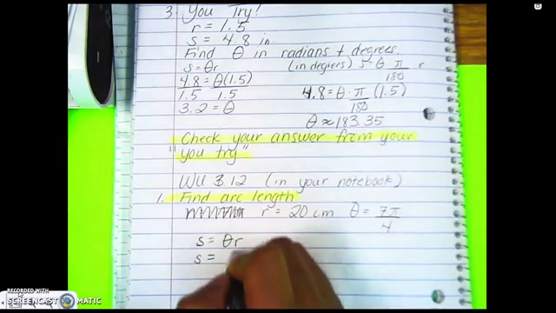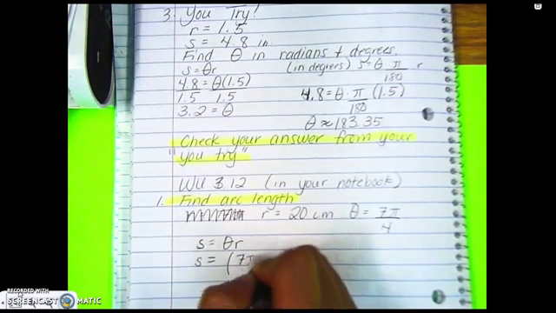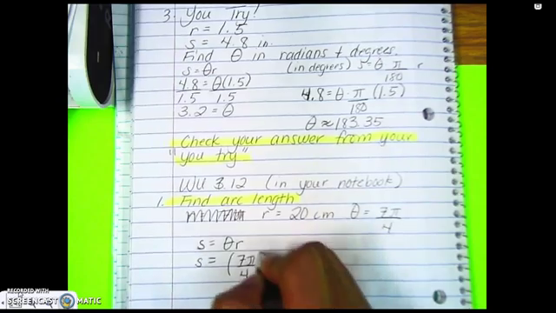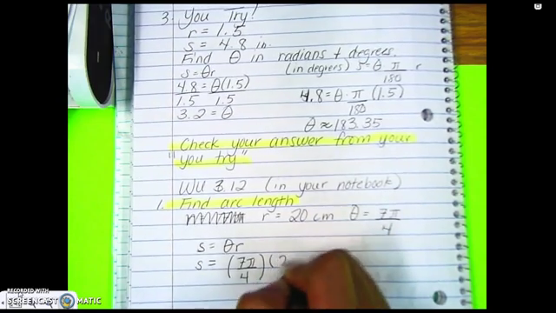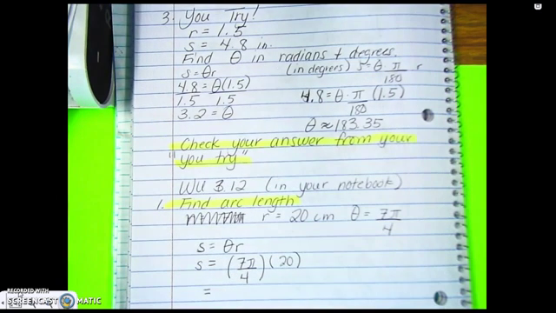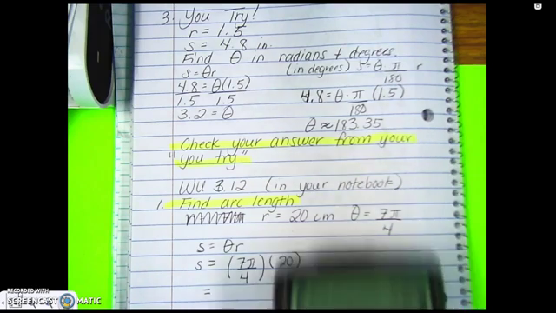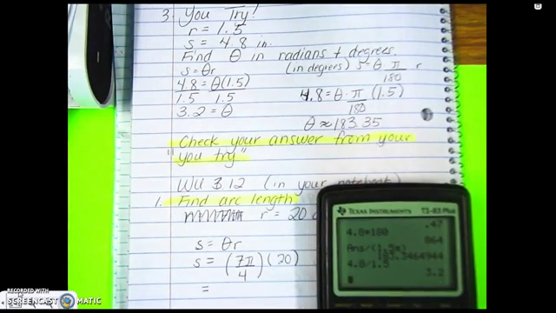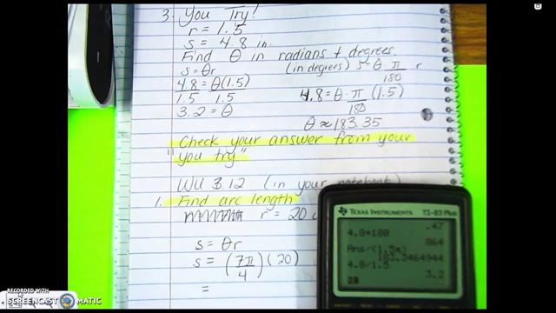So theta is 7 pi over 4, and we're going to multiply that by 20. I can just plug this into my calculator: 20 times 7 pi divided by 4.